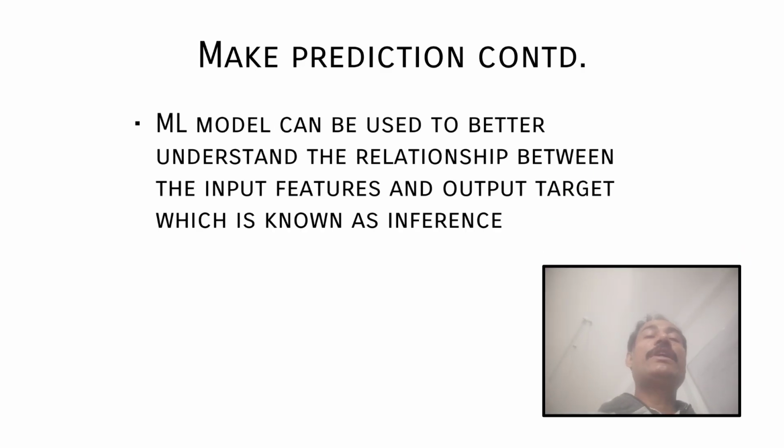And a machine learning model can be used to better understand the relationship between the input features and the output target, which is known as inference, and how accurately it is predicting the desired output. So that does matter: the more the accuracy, the more efficient the model is.